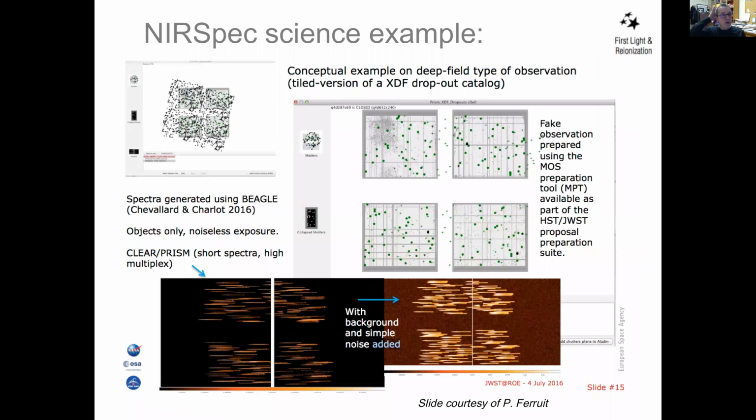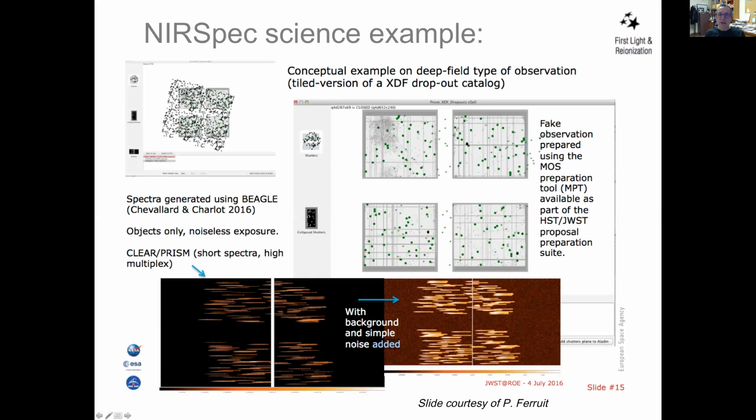Okay, the core science program of NIRSpec is to do multi-object spectroscopy of high redshift galaxies. And this is a simulated field here. It gives you an idea of the kind of data product that you will get. In this specific case, this is using the prism, so the spectra are relatively small.